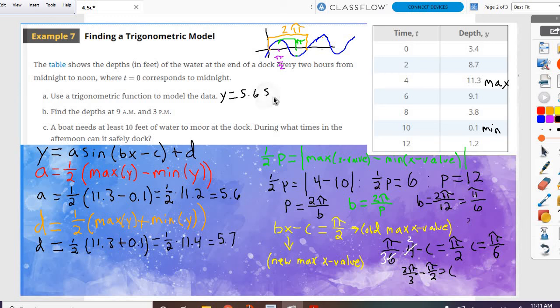So 5.6 times sine of pi over 6 x. We want to leave our x value there because we still need something to plug into. Then we want our c value, which we found was also pi over 6. So minus pi over 6. And then plus our d value, which we found to be 5.7.